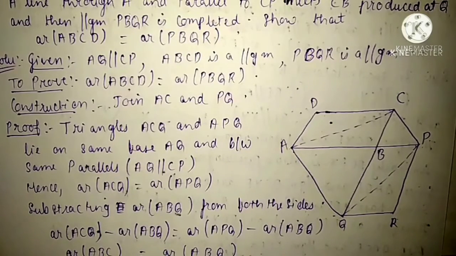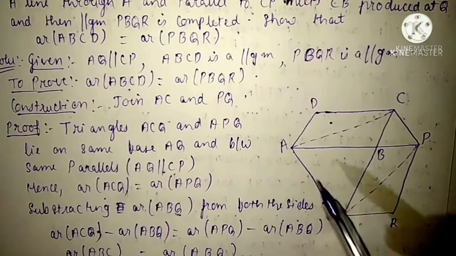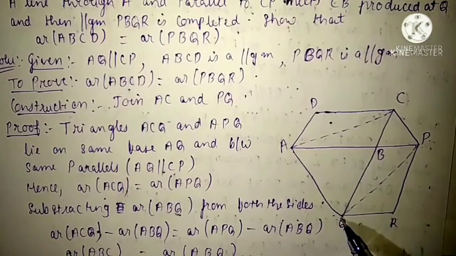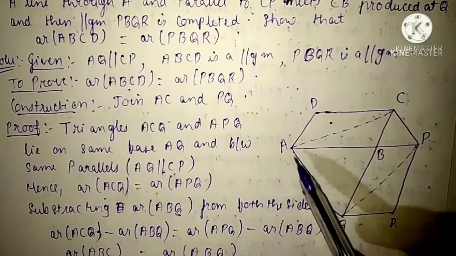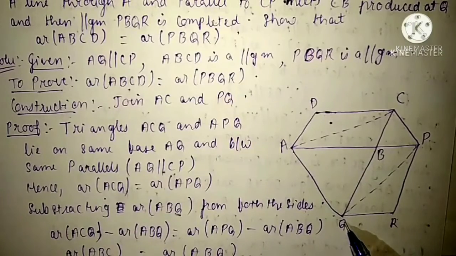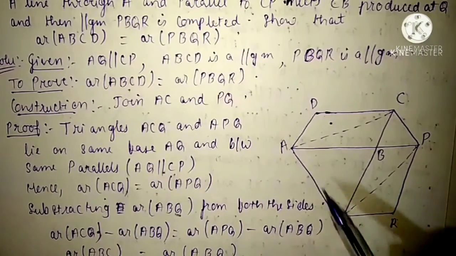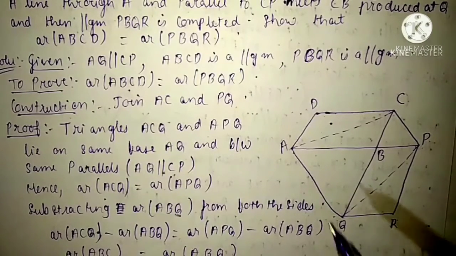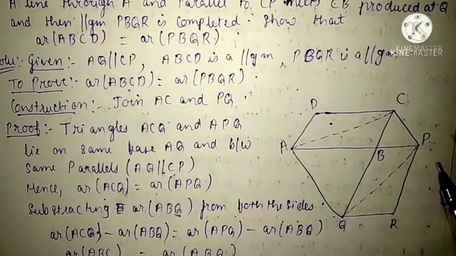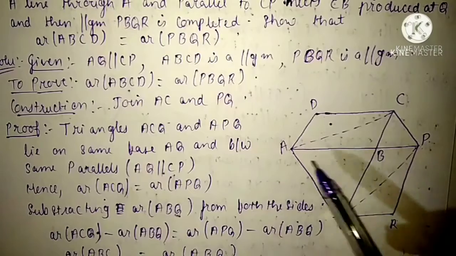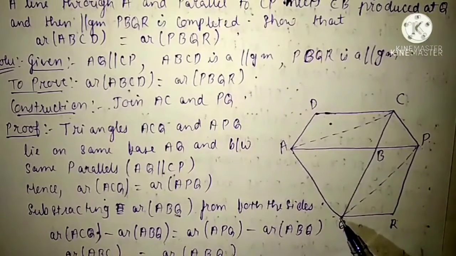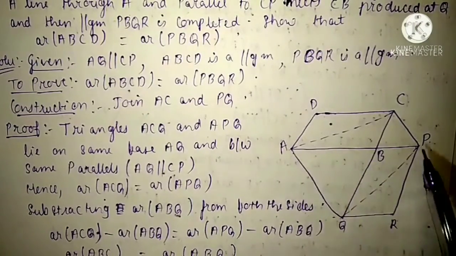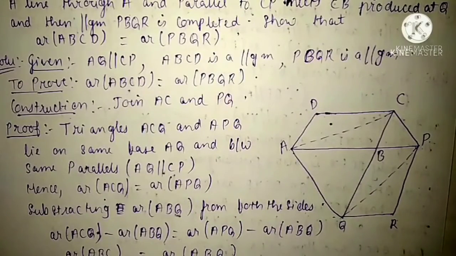So we can write triangle ACQ and triangle APQ lie on same base AQ and between same parallels AQ parallel to CP, okay. Now if they lie on same base and between same parallels, then their area will be equal. So we can write hence area of ACQ is equals to area of APQ, okay.